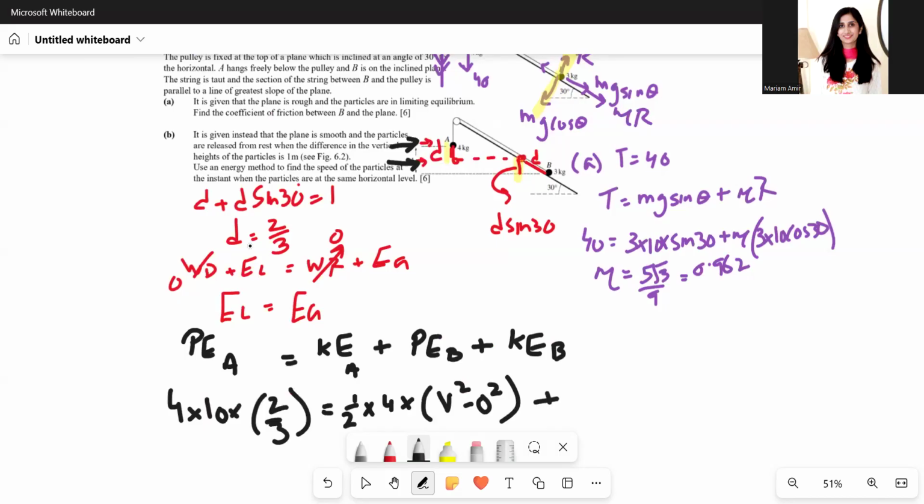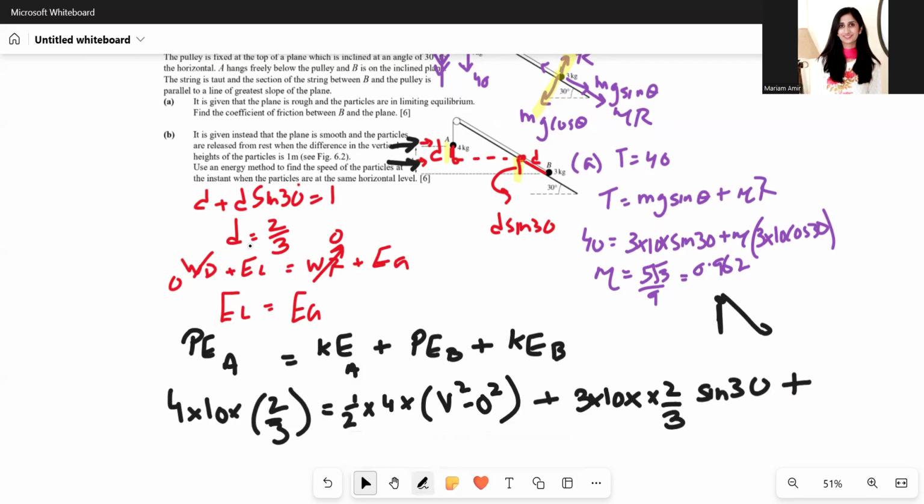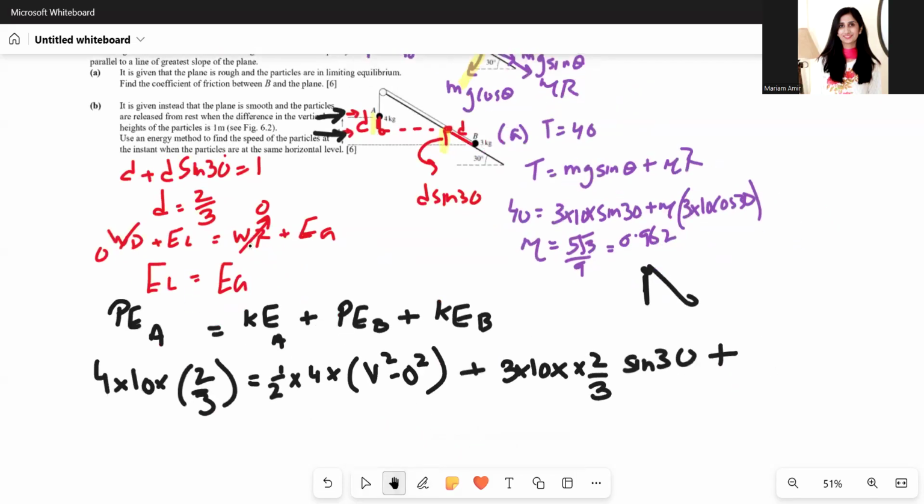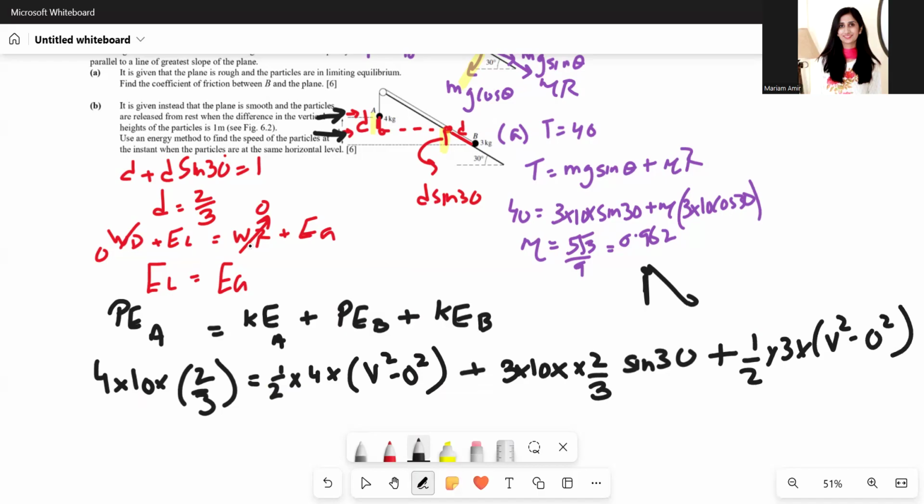plus for B, the potential energy gain would be m times g times the increase in height, which was d sine 30. So d was 2 by 3 sine 30, plus the kinetic energy increase at B. Its speed was initially zero, and then it becomes some value V. So we're going to do half m common times bigger speed squared minus smaller speed squared.